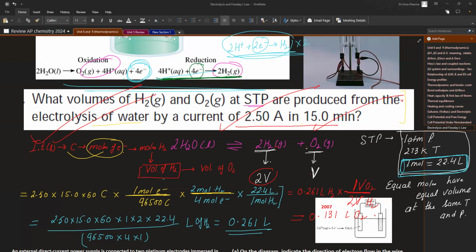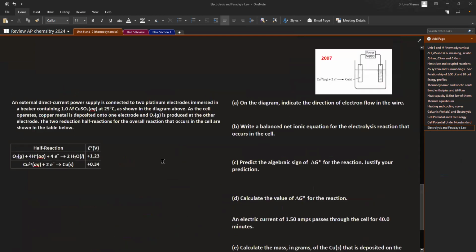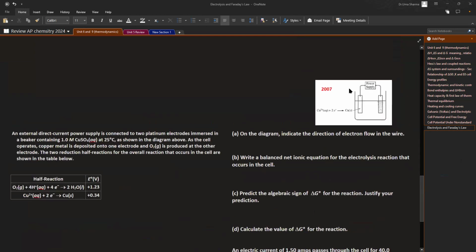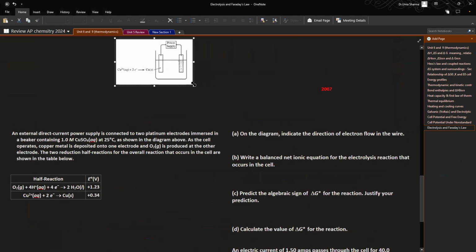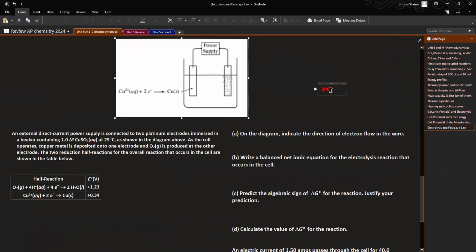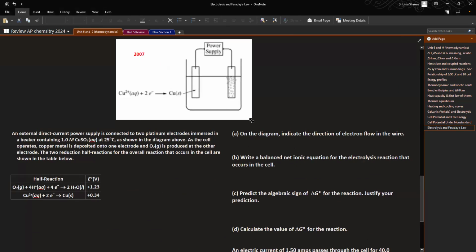And here comes the real AP question from this set. This is the real AP question. Look at the picture. Is it an electrolytic cell or a voltaic cell? You know, a galvanic cell is also called a voltaic cell. Is this electrolytic or voltaic?